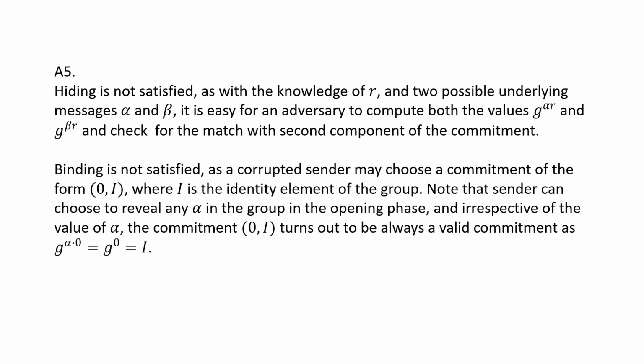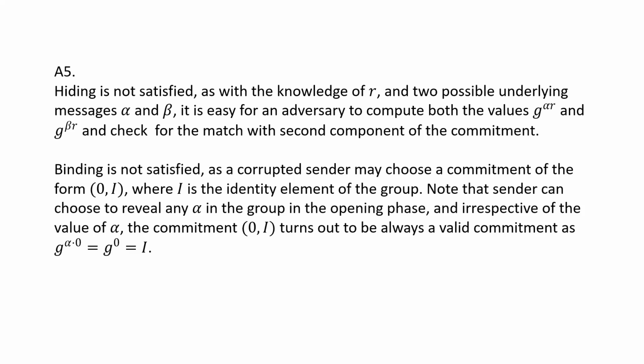Now a corrupt receiver can easily check: it has the knowledge of alpha and beta because those were chosen by the adversary itself. Also it can see the value r as part of the commitment. Now computing the value g^(alpha r), both alpha and r are known to the adversary, so g^(alpha r) can be easily computed in polynomial time, that is just modular exponentiation.